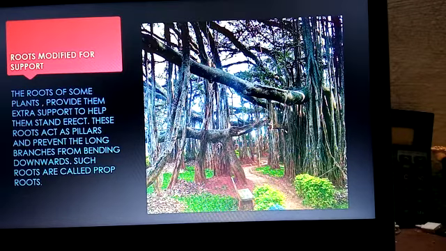They become heavy and grow very big, so they have to stand straight. For that purpose, those roots grow directly from the branches. Here you can see the picture of a banyan tree, which is very big and needs extra support to stand straight. That extra support is given by other roots arising from the branches, and such roots are called prop roots. This is the second extra function of the roots.